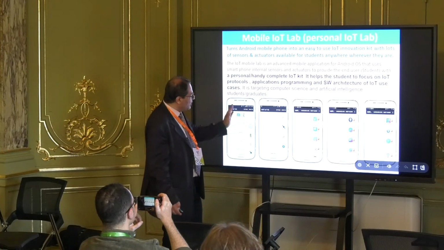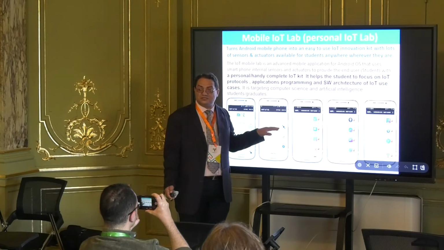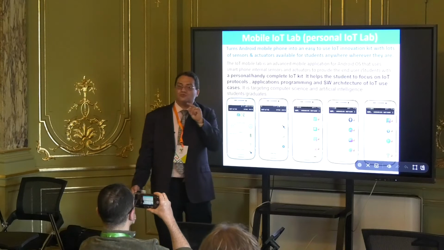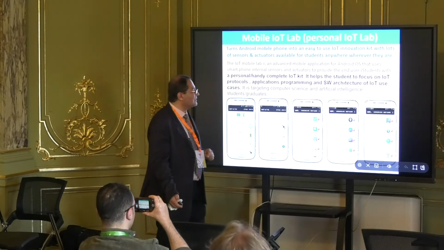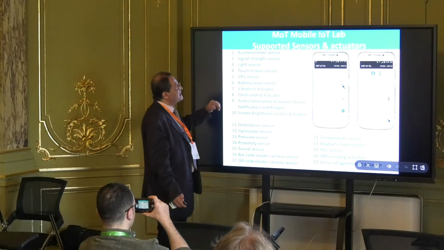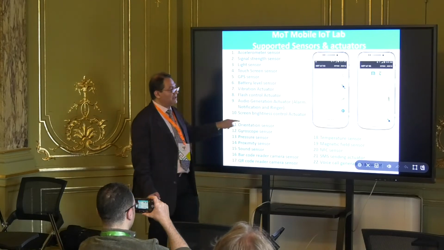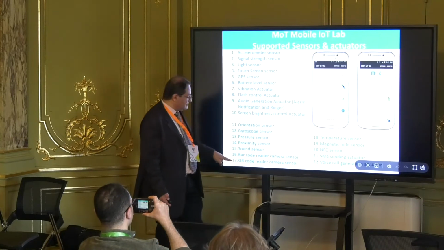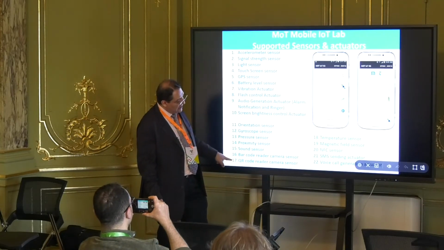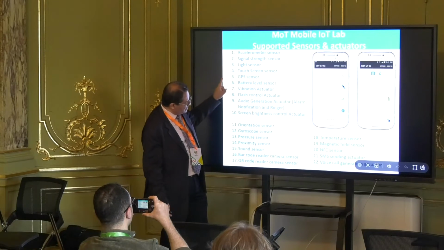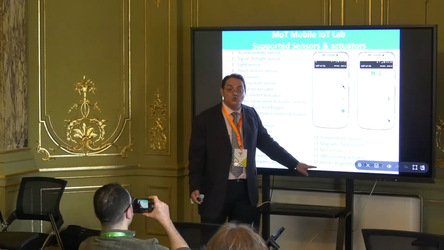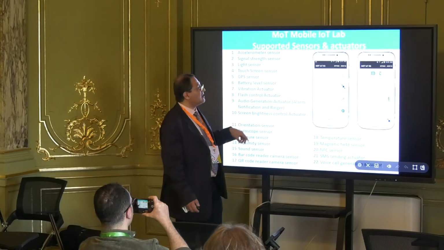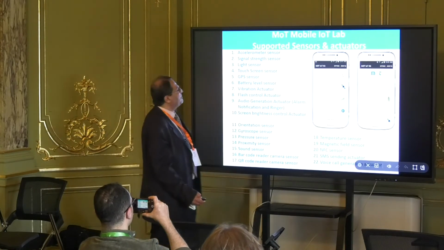So we now teach you how to turn on the sensors, how to measure the values of these sensors and use them to transmit their values to the cloud. We take you step by step through what type of sensors we are including in this mobile application. We're talking about 17 sensors and I think 5 actuators. So in total we have 22 sensors and actuators in the phone that are accessible with this mobile application.